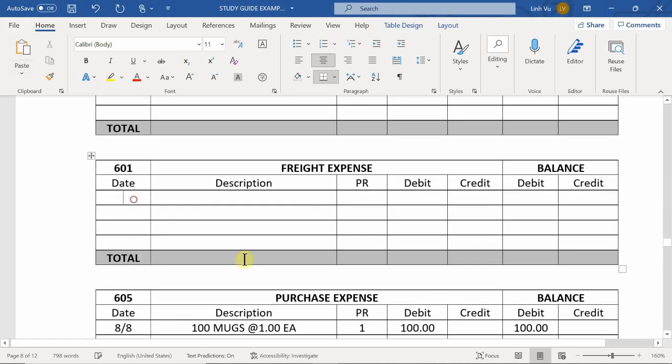Now we're going to the freight. It is $100 for 100 mats, $1 each. Journal number one, and it's $25 and $25.